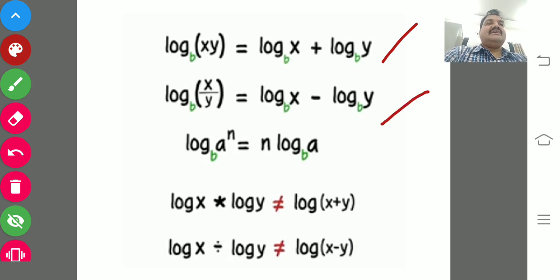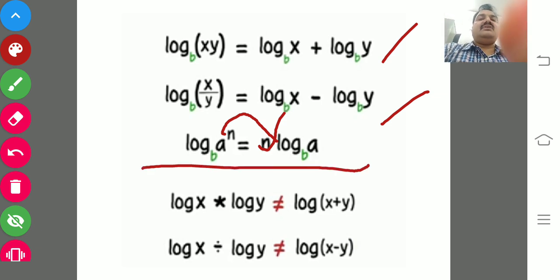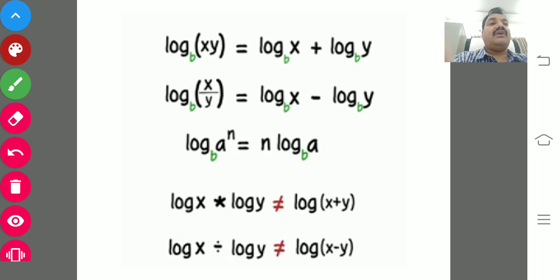So this is the subtraction identity. And the third one, log a power n base b equals n log a base b; the power should come to the front, the remaining is the same. So these three are very important and play a vital role while you are doing logarithm problems.